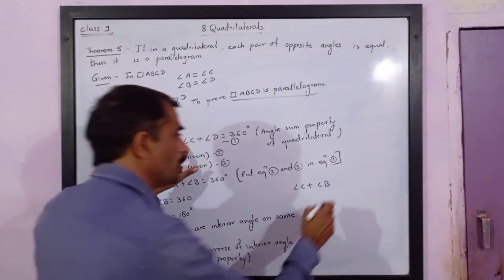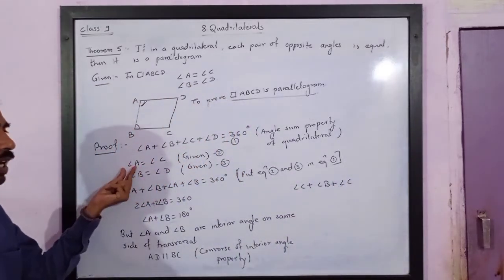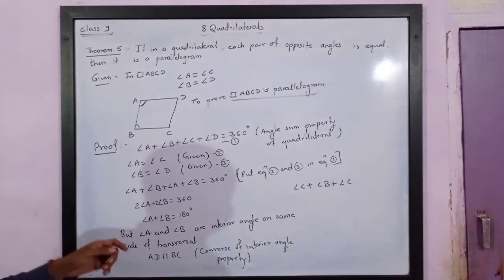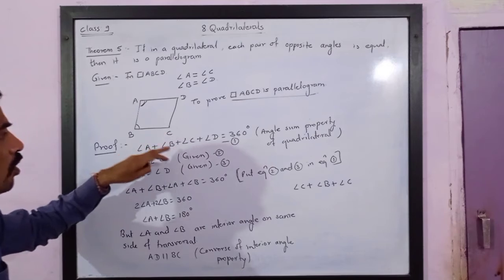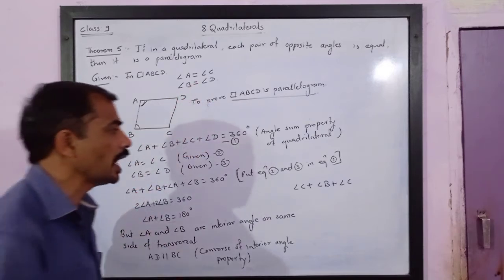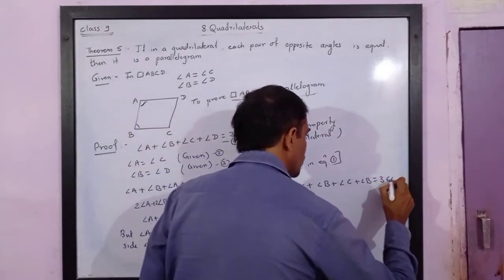Now angle C I am keeping as it is. We already know angle C is equal to angle A, so I have substituted angle A for angle C. And for D again, D is equal to B, so for D I am putting angle B, is equal to 360 degrees.